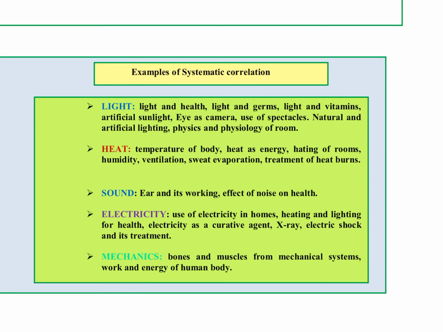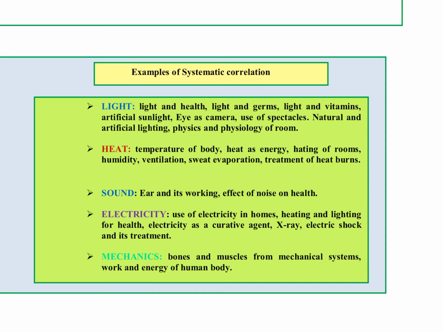Similarly, other examples we can take: artificial sunlight, eye as camera, use of spectacles I already mentioned, natural and artificial lighting, physics and physiology of a room. How can you say a room is very conducive for patients, for sick people?